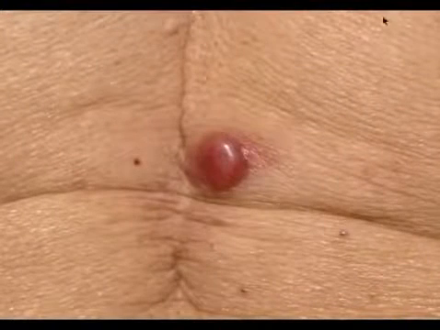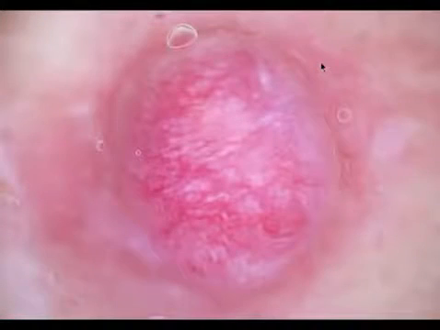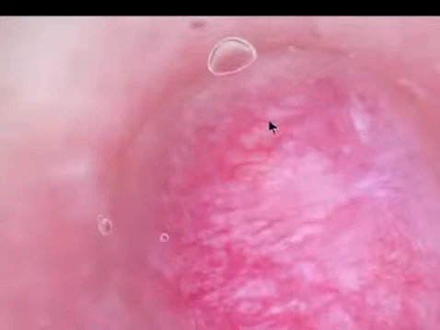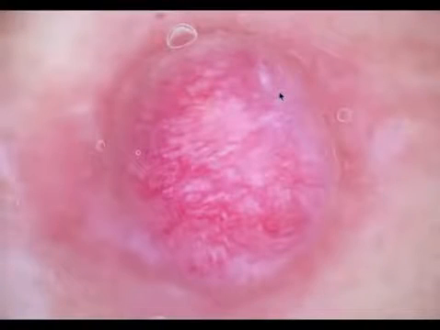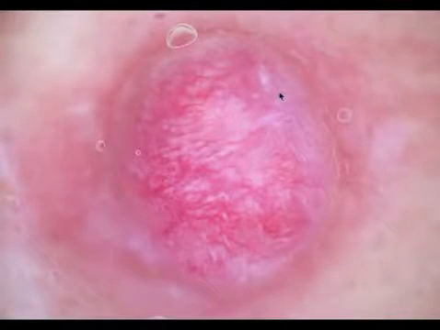Another nodule here, clinically and dermoscopically, the same pattern of vessels, serpentine, branched vessels. They're a bit out of focus, not so sharp, demarcated as shown in the examples before, and some white lines. White lines are not specific, but may indicate a malignant process. So what's your diagnosis?